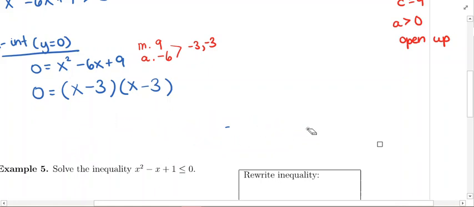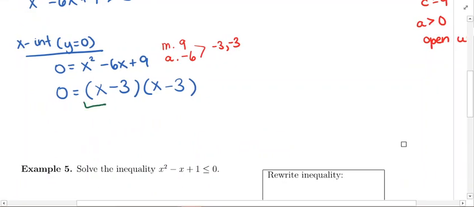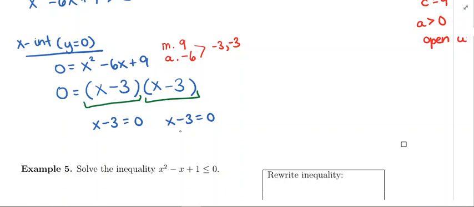All right. So now that we factored, we have two factors, two things that we are multiplying together. We are going to take each factor, set it to 0, and solve. They happen to be the same factor here, so you really only need to take one of the factors and set it equal to 0 because you're going to get the same thing.